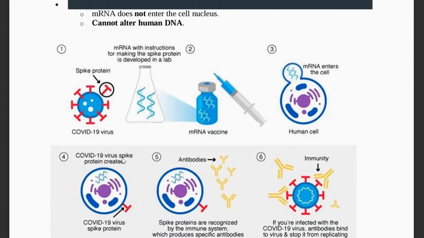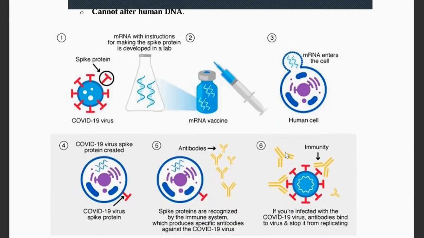The COVID-19 virus spike protein is created in our cell. Now, the spike proteins are recognized by the immune system of our body, which produces what? Specific antibodies against that COVID-19 virus. So that immunity gets developed. If you are infected with the COVID-19 virus, antibodies bind to this virus and stop it from replicating. This is how we can cure.